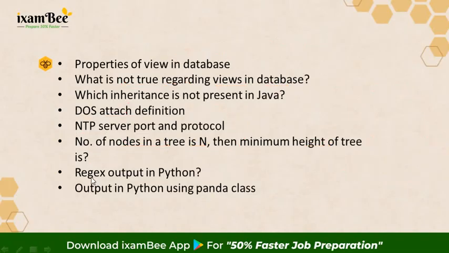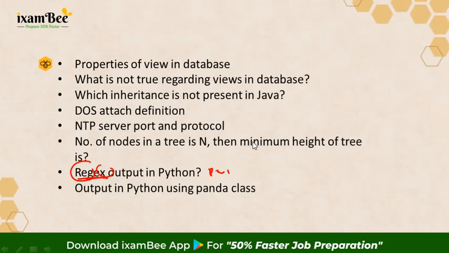Now the next question is regex output in Python. This question was related to regex, so here we will discuss what regex is. Regex is a regular expression. It is used for pattern matching, to search any kind of string based on a pattern which is already defined. And in Python there is a particular syntax to find some characters or some string.